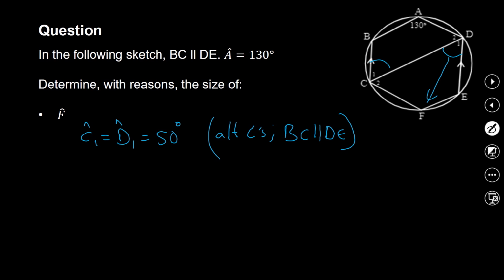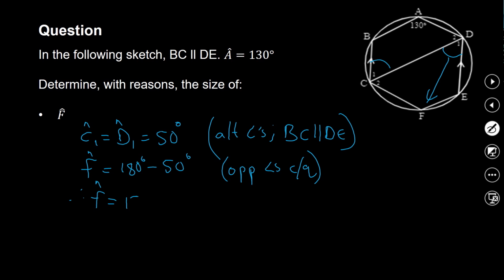And then from there, I will simply say F is equal to 180 degrees minus 50 degrees, which will be because of opposite angles of a cyclic quad. Therefore, angle F will be equal to 130 degrees.